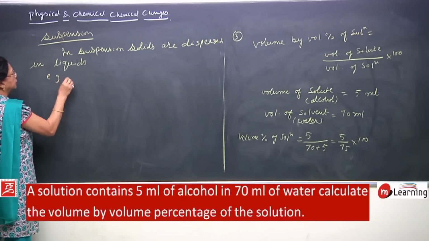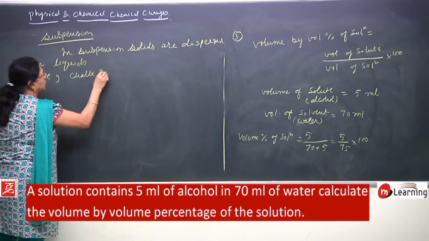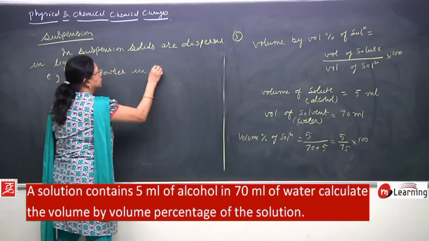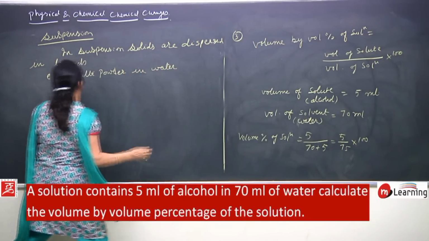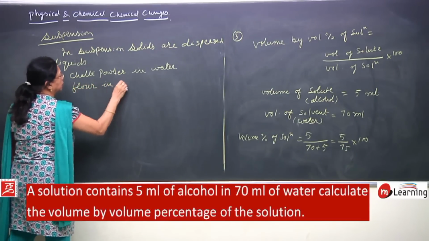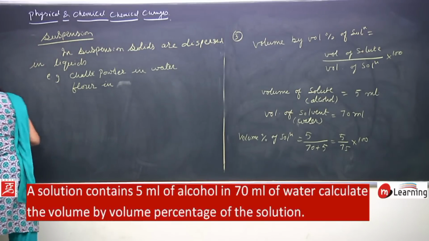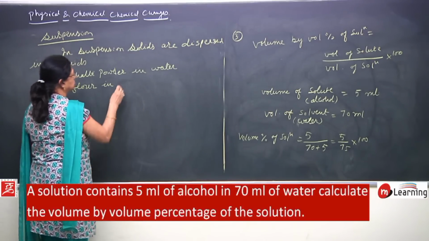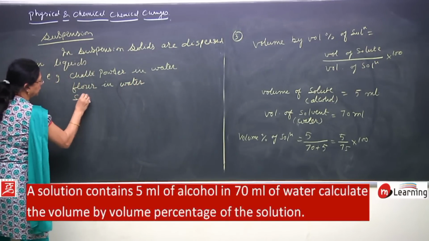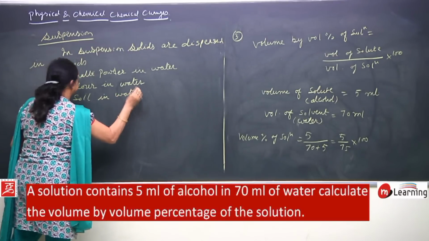Example, chalk powder in water, flour in water, or soil in water.